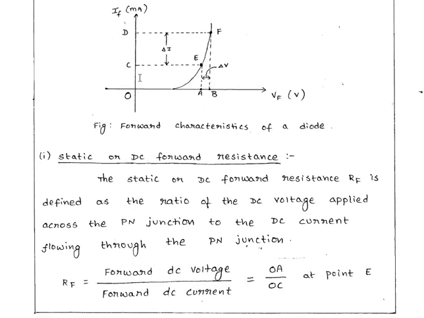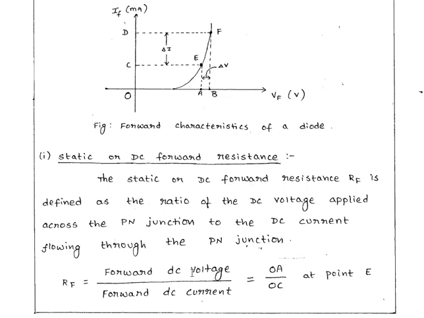If we see from this graph, at point E, the forward DC voltage is 0 to A, by forward DC current, that is 0 to C at this point.